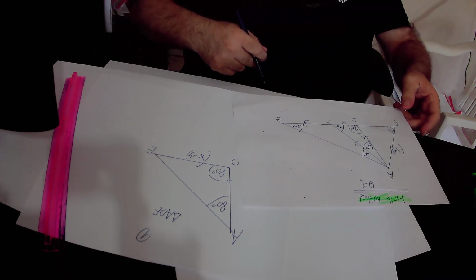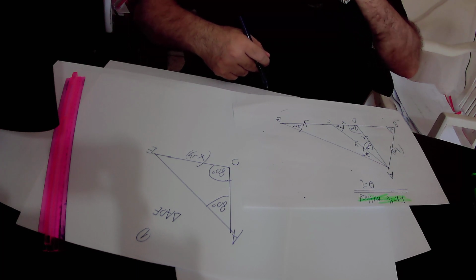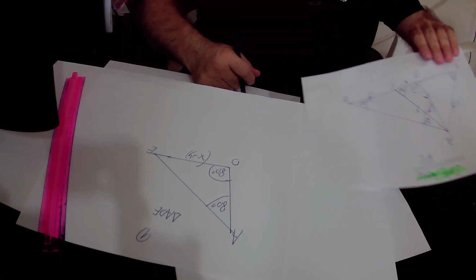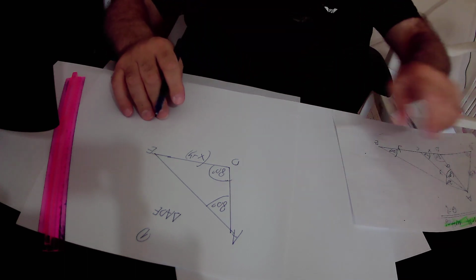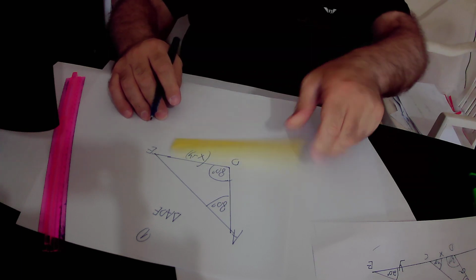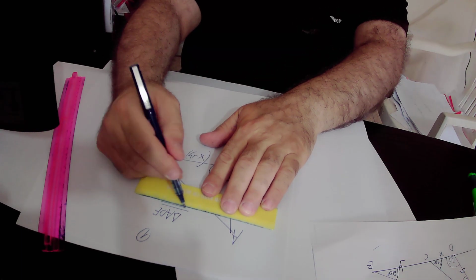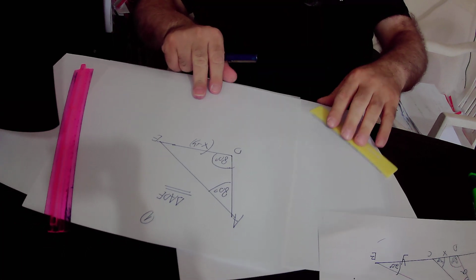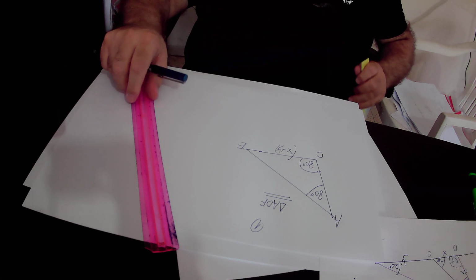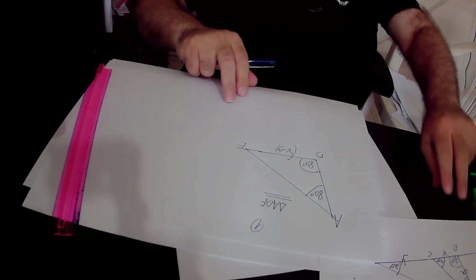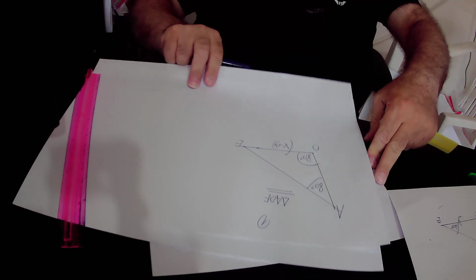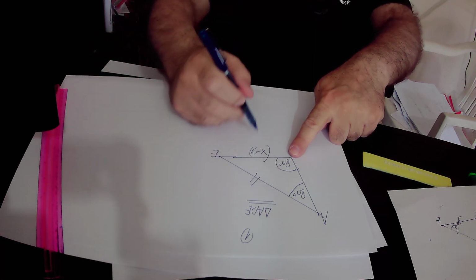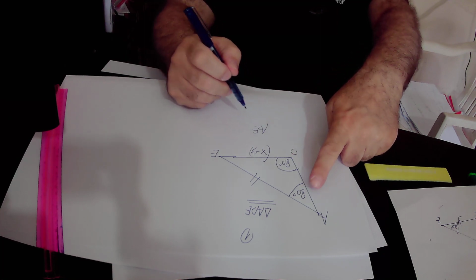And here this equals X plus Y, and inside triangle ADE we have those two angles that are equal to each other, and according to the rule that in front of equal angles in the triangle there are equal sides, in front of this angle we have side AE, and in front of this angle we have side DE.